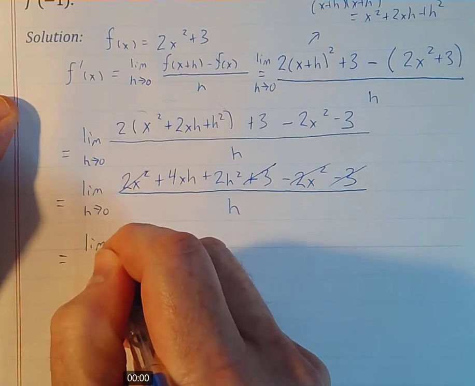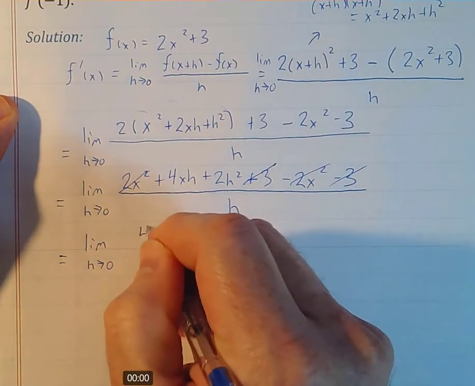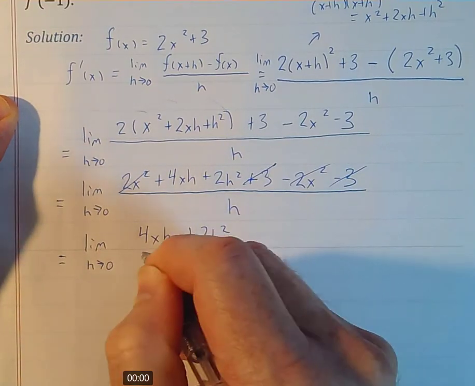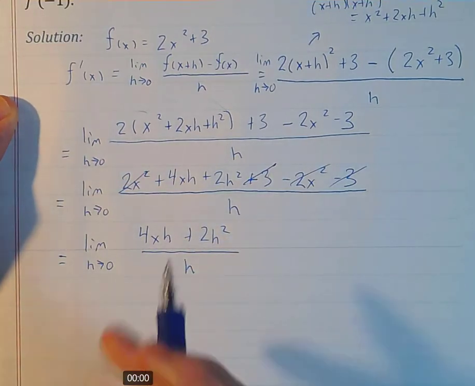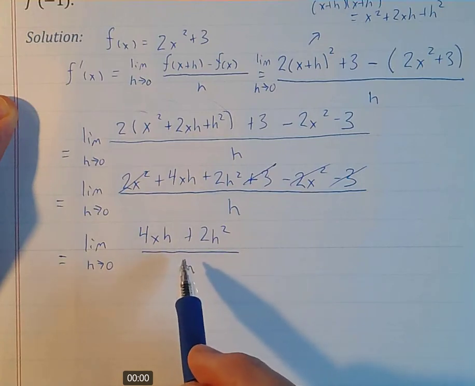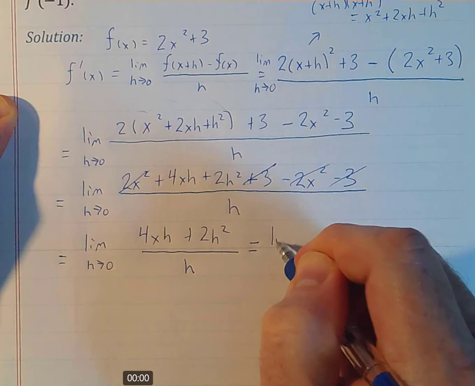We end up with the limit as h approaches 0, 4xh plus 2h squared over h. Now, if I tried to evaluate this limit, I see I can't do it, right? Because I would get a 0 in the denominator. But remember, we can do algebra, and it doesn't change the value of the limit.